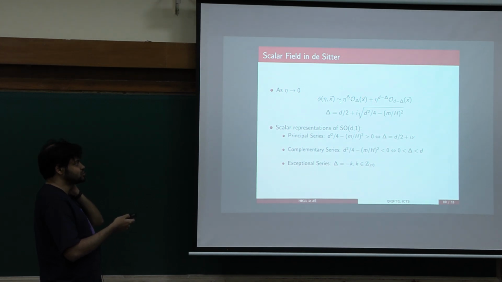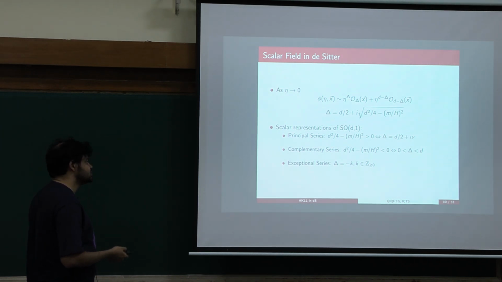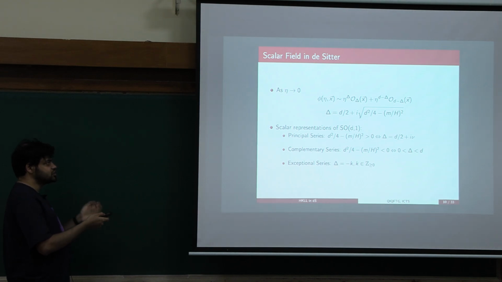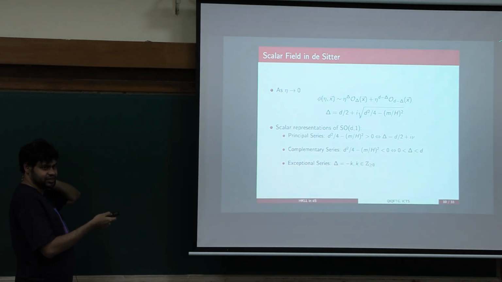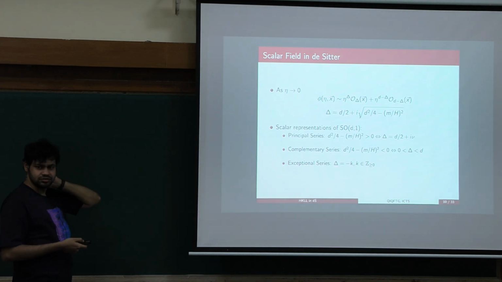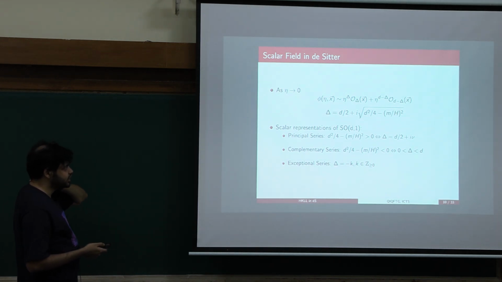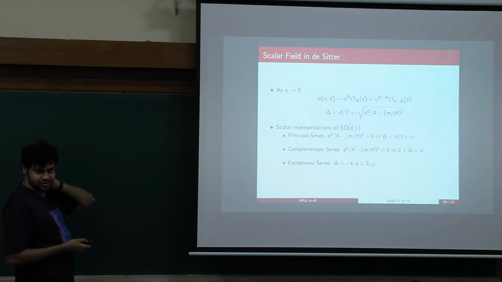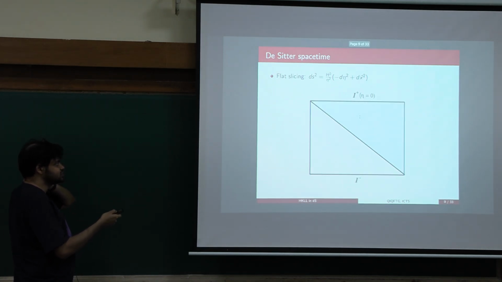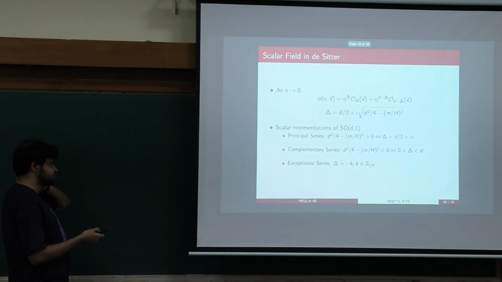You can write a field near the boundary like this, and O's delta, don't mind those deltas right now, they are just coefficients of this, and delta is this. Now in de Sitter you get different possible deltas. What was H here? Oh, this is the Hubble constant. Sorry. We'll put it to 1 later.